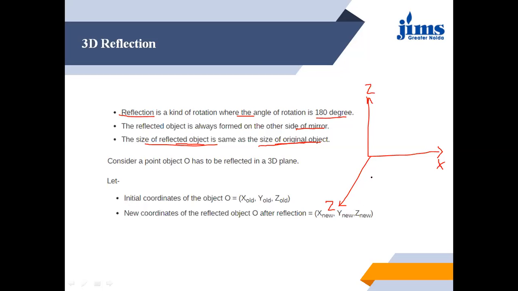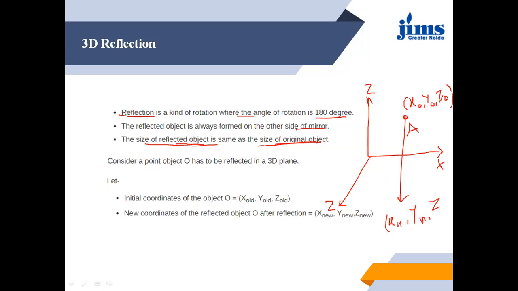Now, if I have an object over here and its coordinates are x old, y old, and z old, and after the reflection of this object, for example, a point A, with respect to any plane, the new coordinates will be x new, y new, and z new.